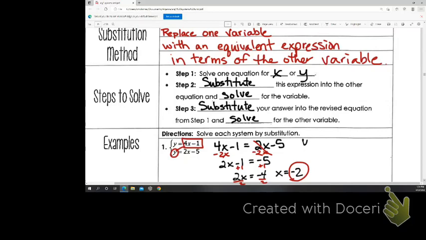So now if I say y is equal to 4 times, and I'm going to put -2 there because that's what I just found out x is equal to, -1. So 4 times -2, -8, -1, y is -9. And then we give our answer as an ordered pair.